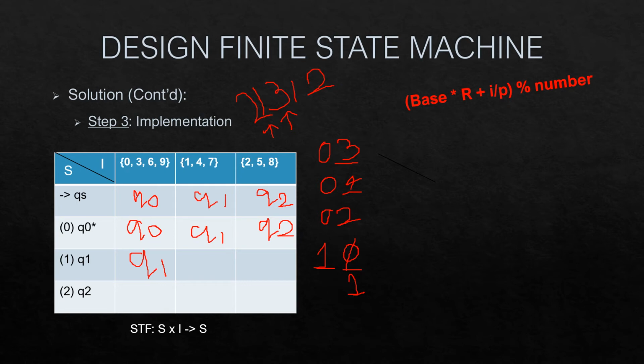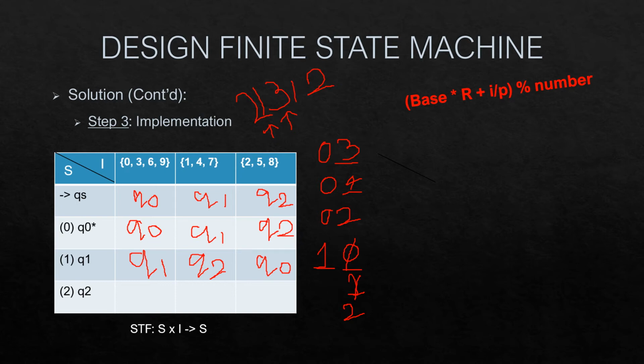When I divide this number by 3, I will get remainder 2. So I will transit to Q2 state. Suppose my previous remainder was 1 and the next digit is 2, 5 or 8, it will become 12, 15 or 18 respectively. When divided by 3, this gives remainder 0. So I have to transit to Q0 state, because that is the state representing remainder 0.